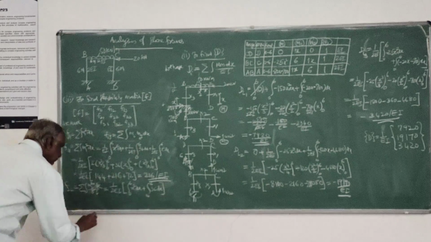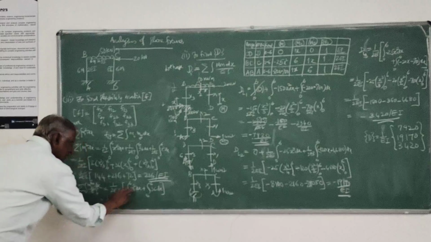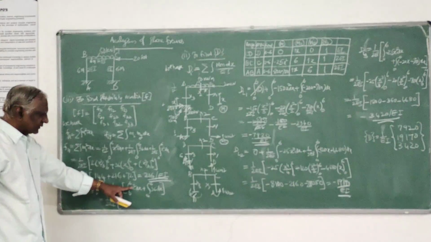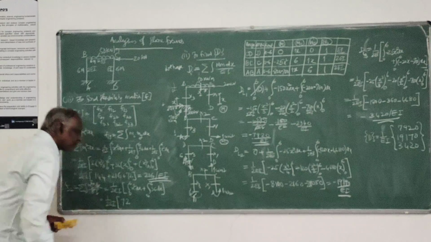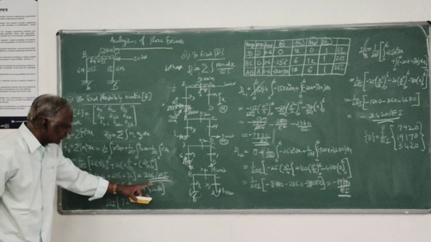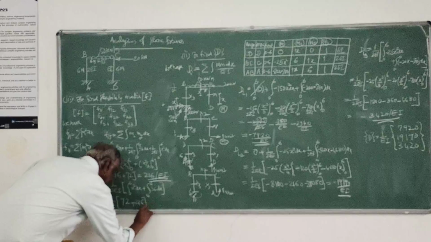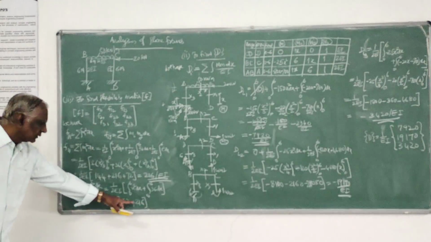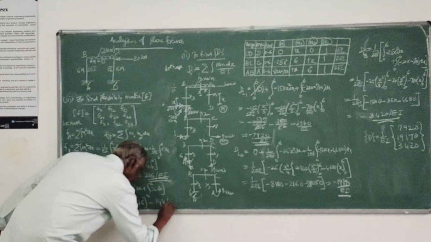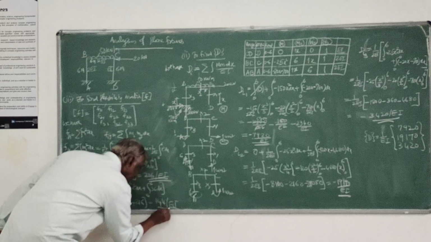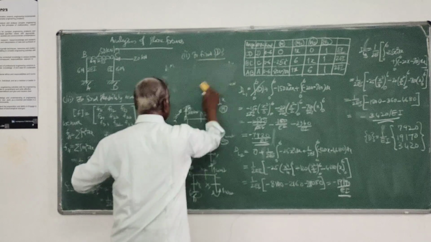This you can simplify. It is 1 over 2EI into x cube by 3. x cube by 3 means 216 divided by 3, 72. Here it is 36 into x, x is 6, 36 into 6, 216. This is 216 plus 72, 288. 288 divided by 2 is 144. So 144 by EI is your F22. Like that you can find out other elements.